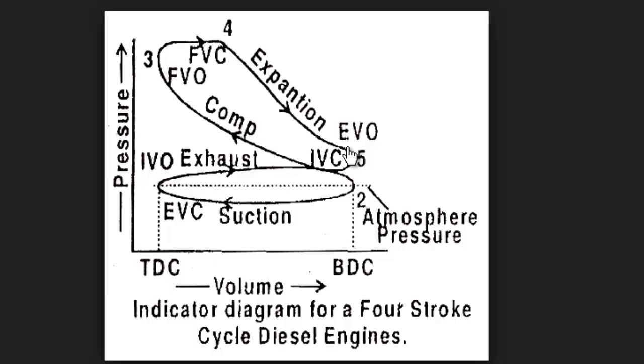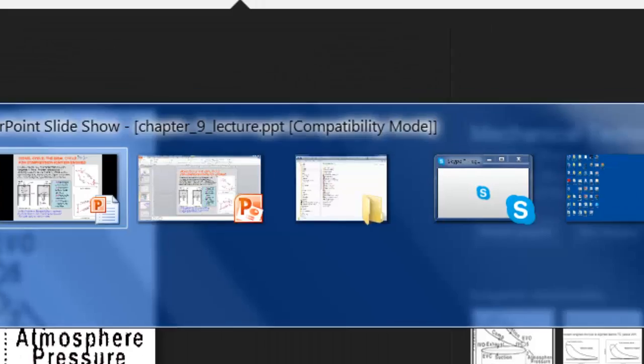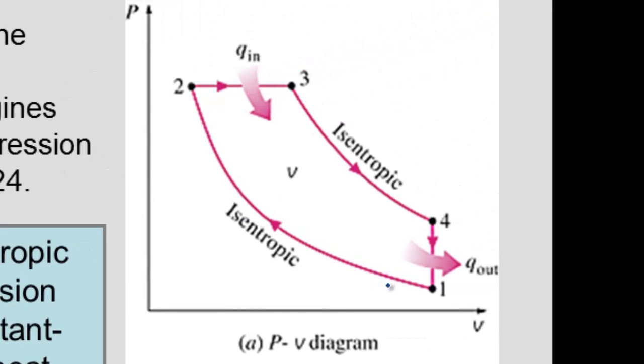We have the compression again, and then exhaust of the combustion gases. So a way to represent this as a simplification will be the isentropic compression. We substitute the combustion by a constant pressure heat addition.